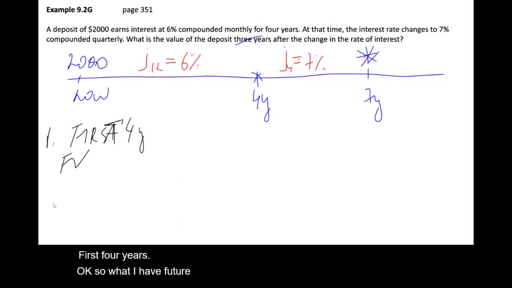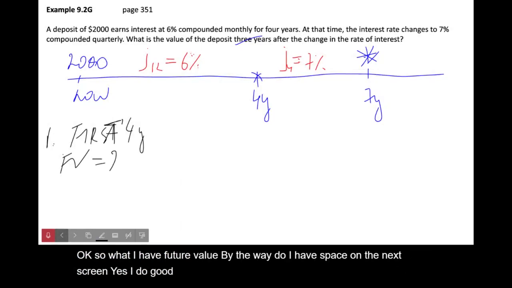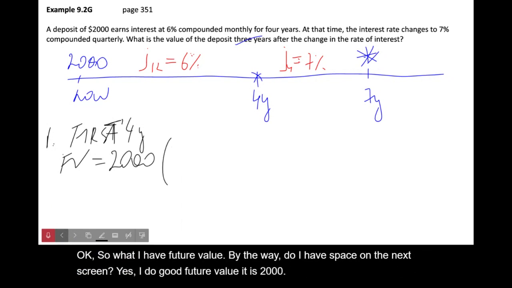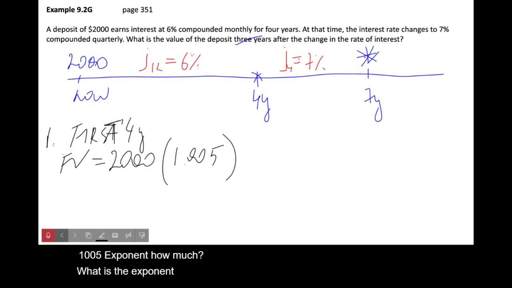First 4 years. Okay, so what do I have? Future value. By the way, do I have space on the next screen? Yes, I do. Good. Future value is 2000 times 1.005. Exponent, how much? What is the exponent, guys? Anybody who can tell me? Okay. Who did the homework?